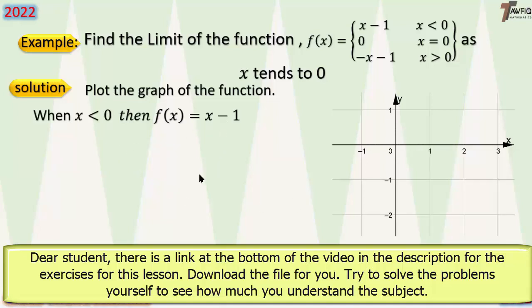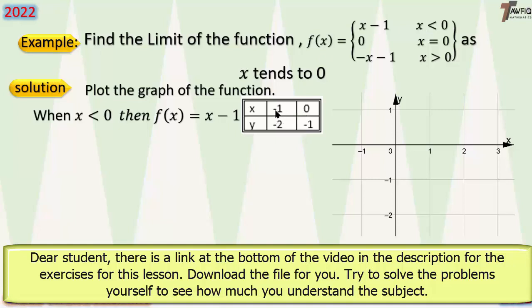Because it is the function of a line, we need only 2 points to draw its graph. Take 2 points. One of them must be 0, and the second one must be less than 0. Therefore, we take minus 1 and 0.